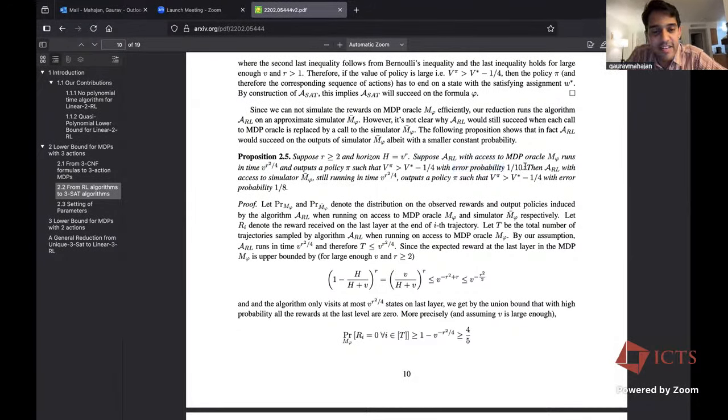The thing I'm not getting is, if the reward is zero, then how is it, in the theorem statement, that you're getting this b star minus 1/4 when the reward is zero? How is that possible? So exactly, it's basically saying that you should not be able to do this in sub exponential time.